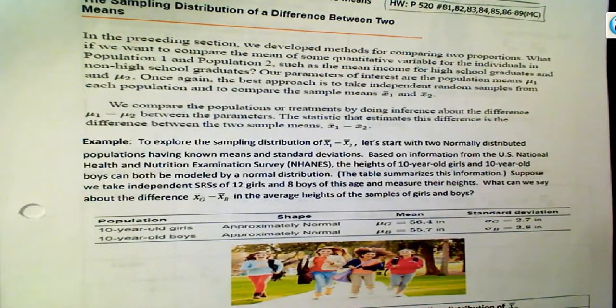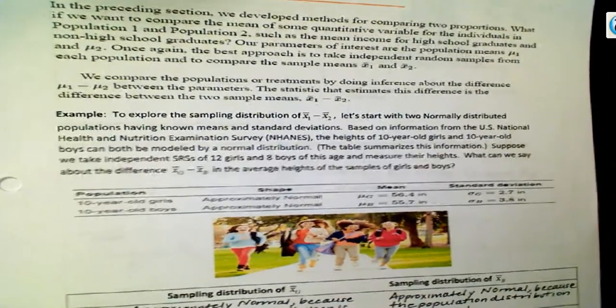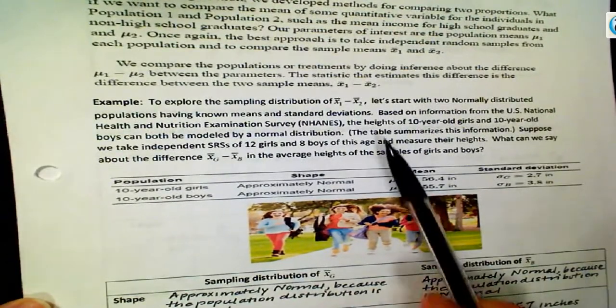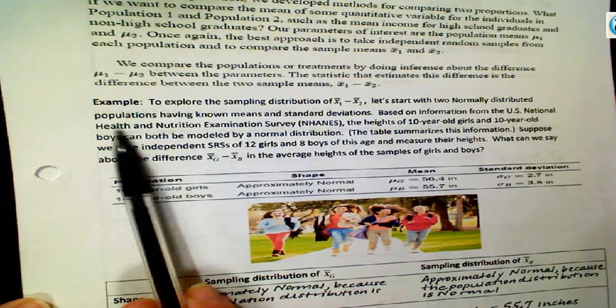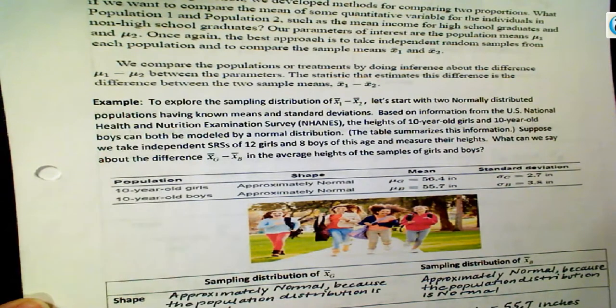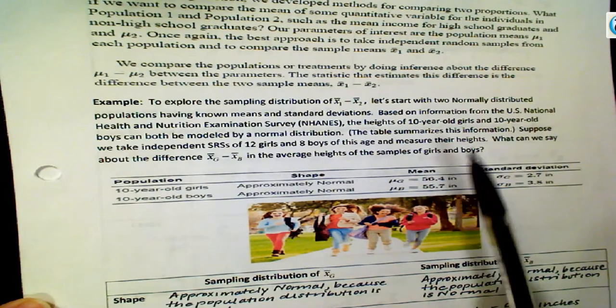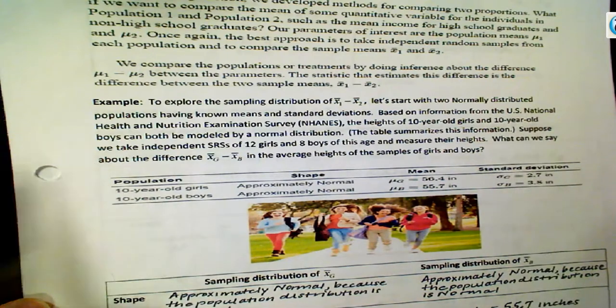So here's an example. To explore the sampling distribution of x bar 1 minus x bar 2, let's start with two normally distributed populations having known means and standard deviations. Based on information from the U.S. National Health and Nutrition Examination Survey, the heights of 10-year-old girls and 10-year-old boys can be modeled by a normal distribution. The table summarizes this information.